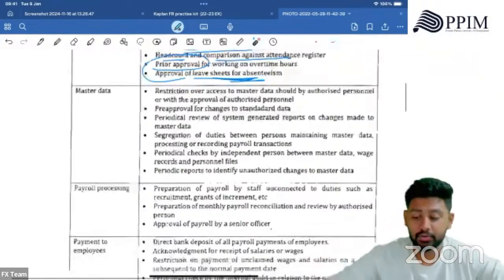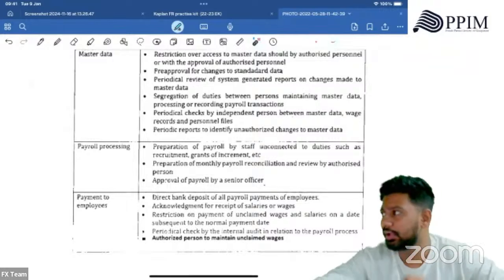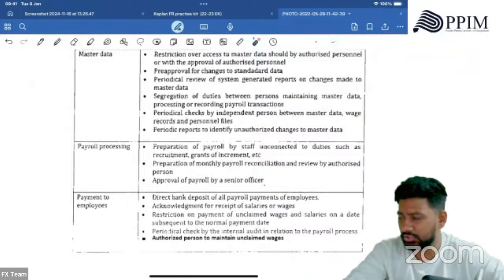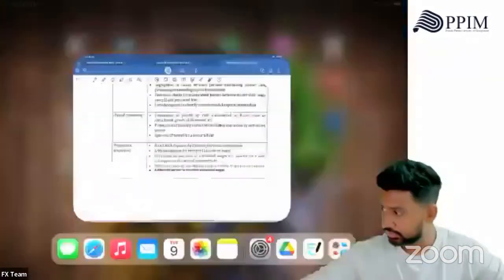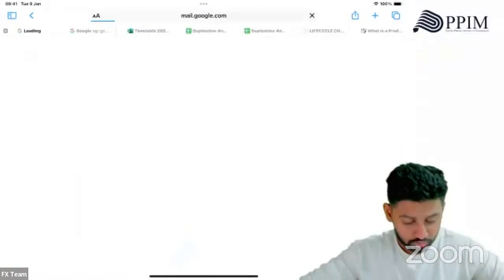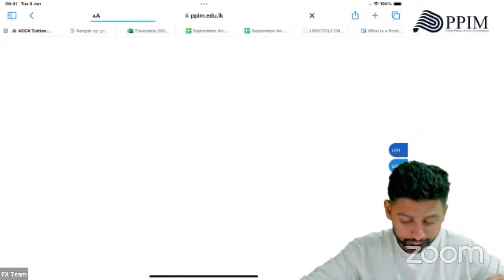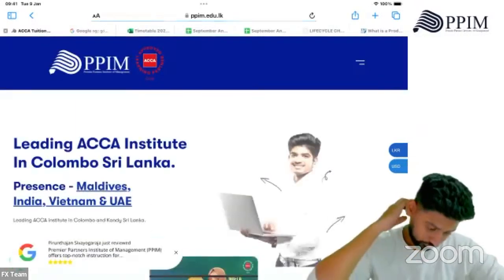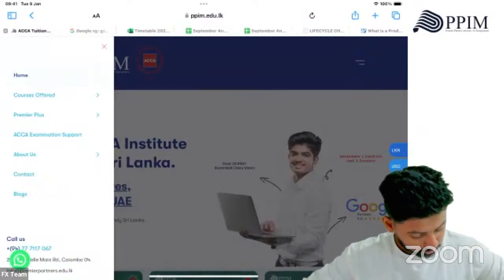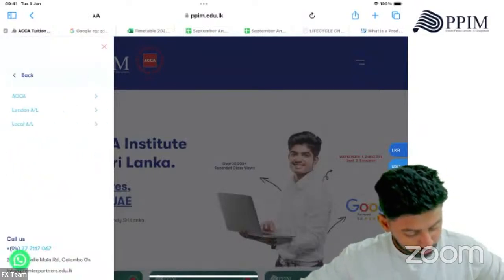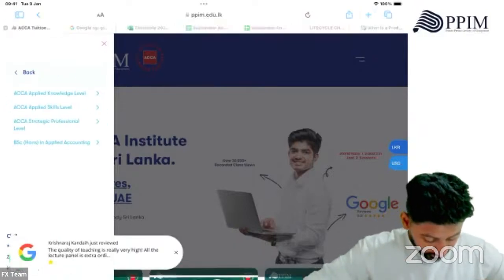Actually, to be very honest, have you used our LMS system, PPIM's LMS system? I'm sure everybody is using it. This is our LMS system, right? So you come to ppim.edu.lk, right? Come here. So let's say courses, ACCA. Look at this review. He has given a 1-star review.